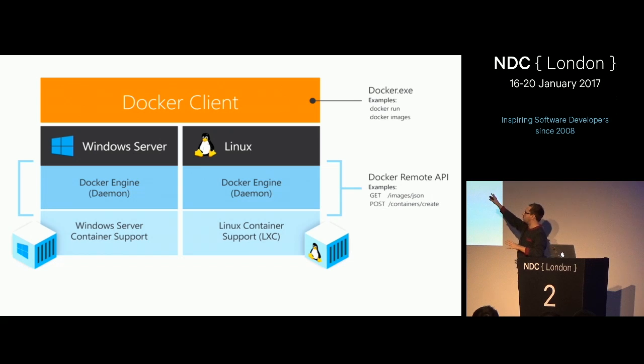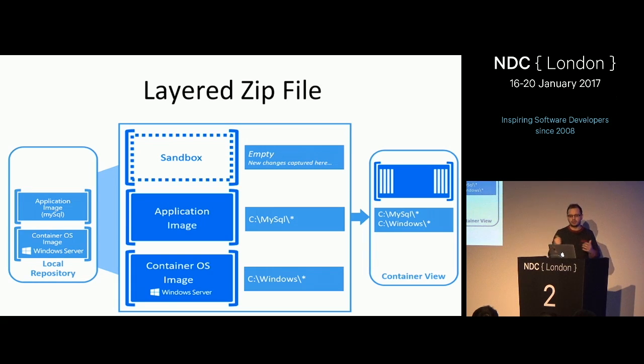And then obviously the Docker Client will talk to the Docker engine on one of those two. That will in turn talk to the kernel, and that will in turn know how to start processes as these containerized ecosystems. And alongside that, we've got the layered zip file, as I'm going to refer to it today, the Docker image. And so this will come from the registry, which has all of the images which we need.